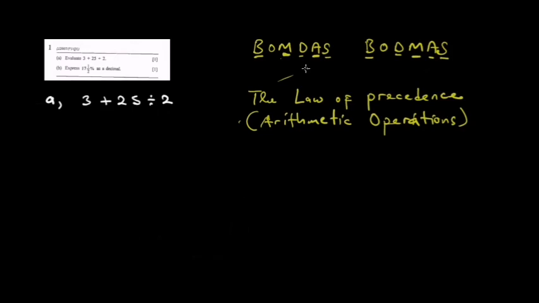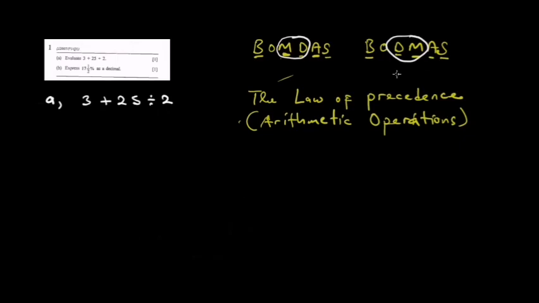When we look closely at either BOMDAS or BODMAS, in this case we start with MD, multiplication then division. But for BODMAS, we start with D, then M, division then multiplication.